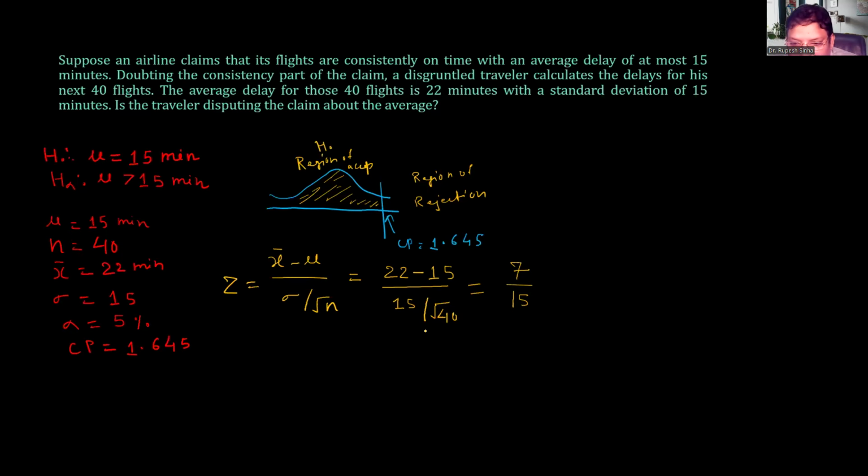So that is equal to 7 into 6.32, divided by 15. Correct? Yeah.